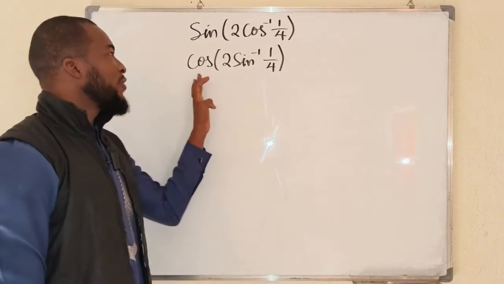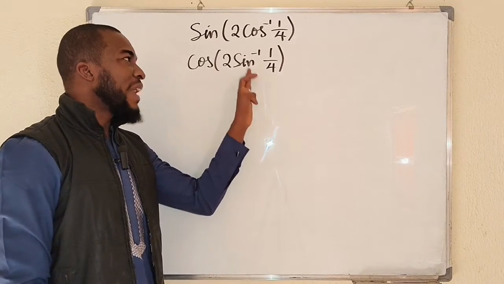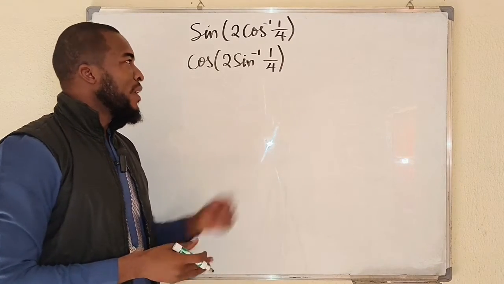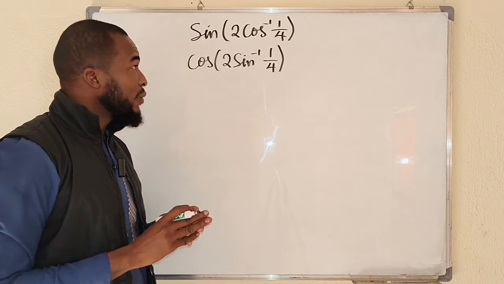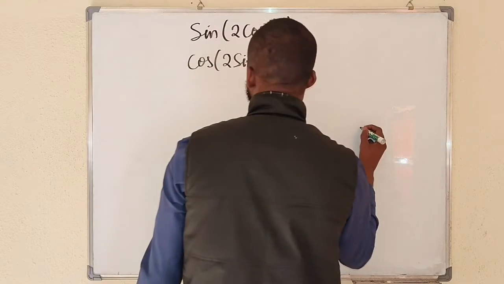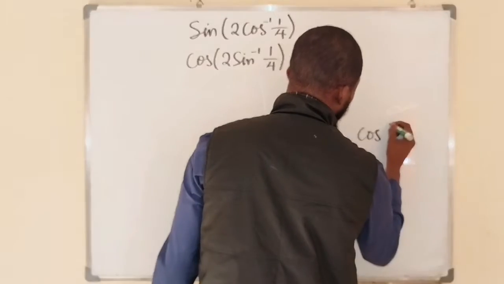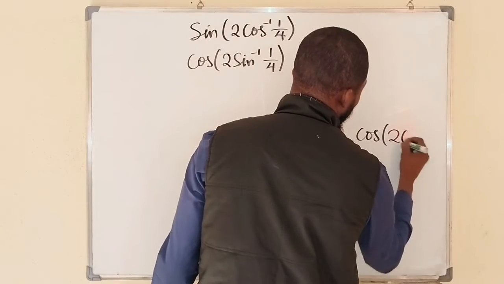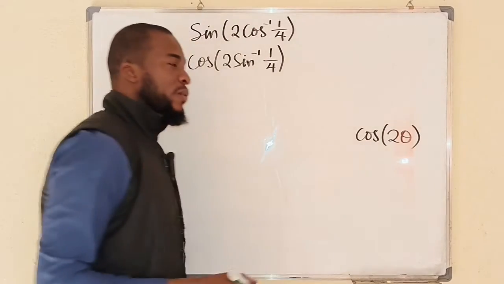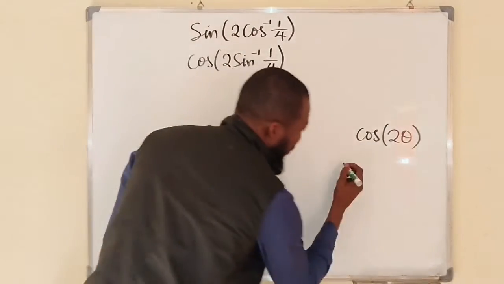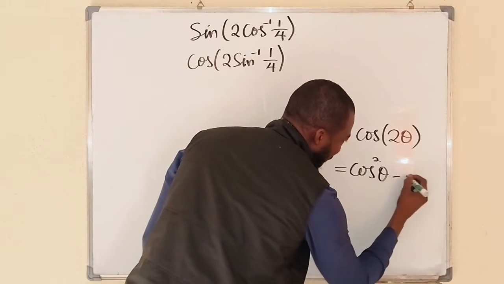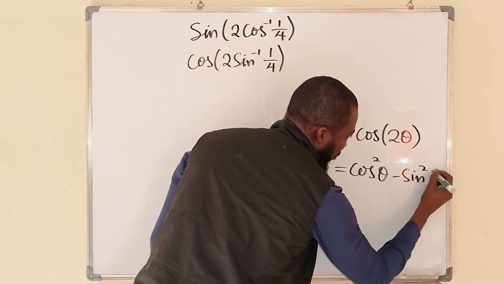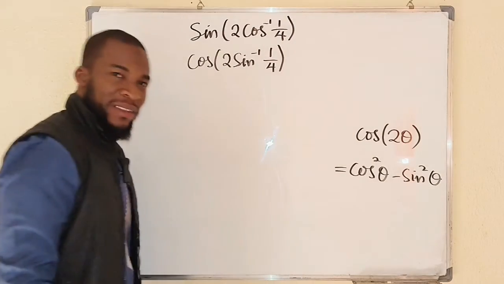All right, the second one is cos of 2 sine inverse of 1 over 4. So I want you to look at sine inverse of 1 over 4 as an angle. If that is the case, we're going to have cosine of 2 theta. And cosine of 2 theta can be written as cosine squared theta minus sine squared theta, right?